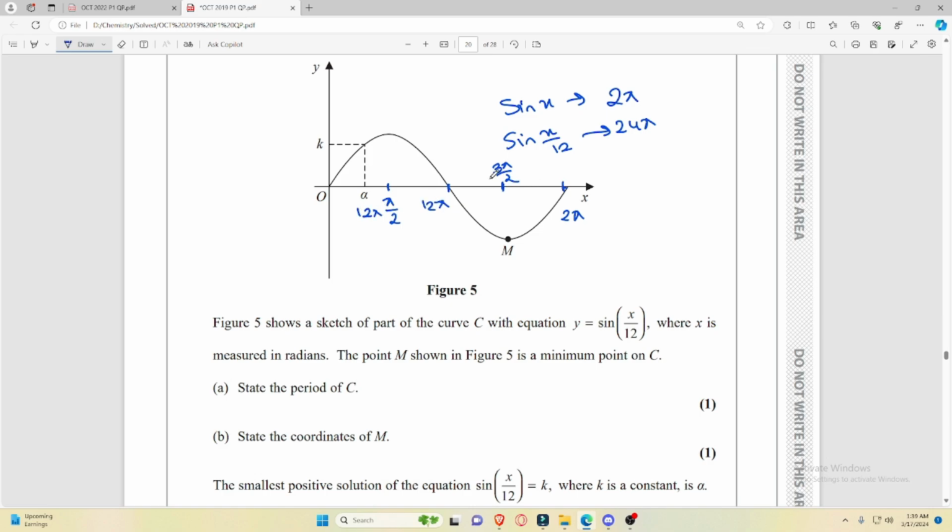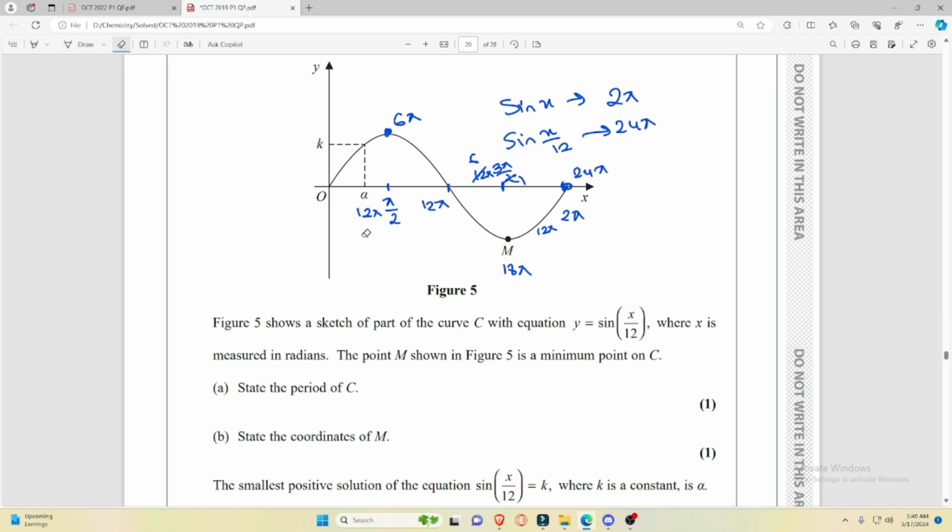So 2 1s are 2, 2 6 are 12, 6 3s are 18 pi here. So this is 18 pi, and this is 6 pi. 6 pi, 12 pi, 18 pi, and 12 times 2 pi, which means it is 24 pi in this point.